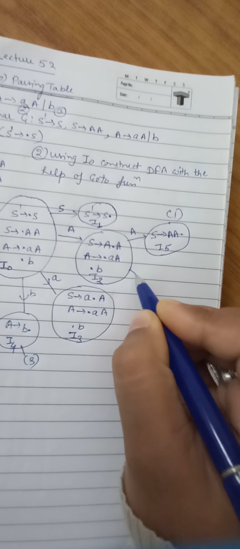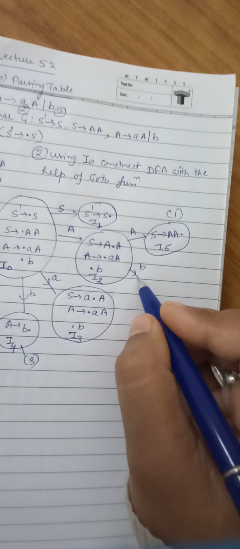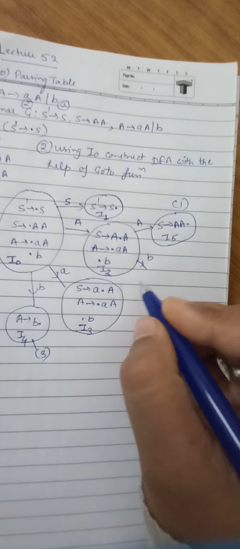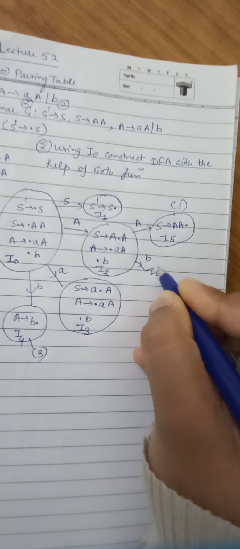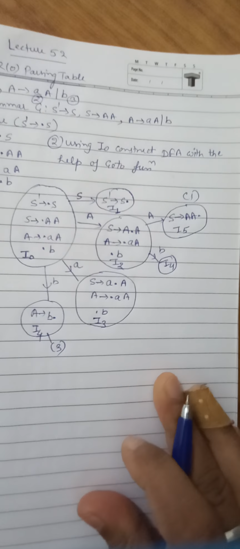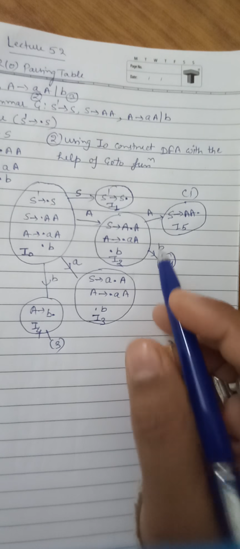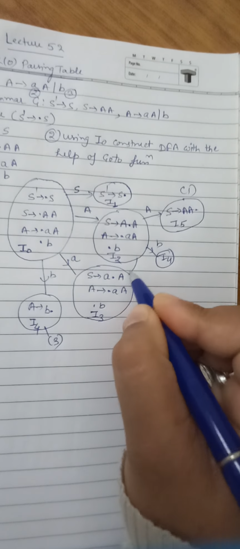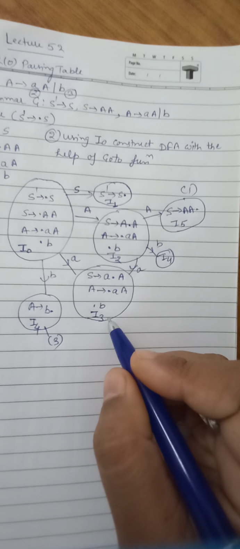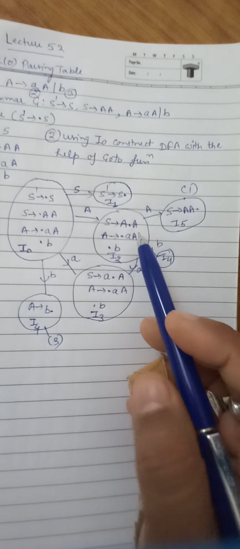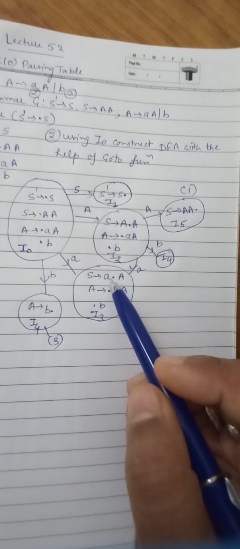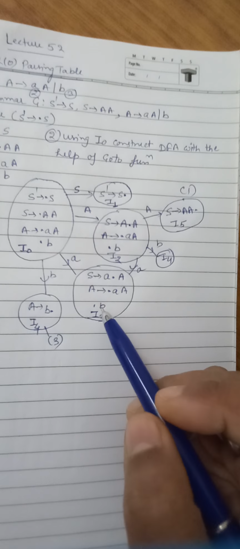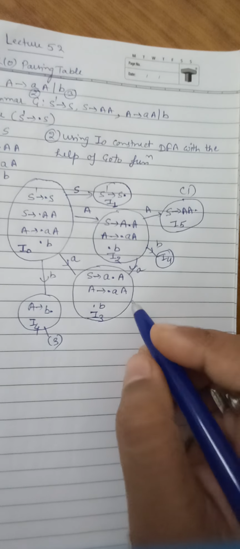For terminal b, we reach the same state, I4, so we write I4 here. And if we go for terminal a, then where will we reach? Here, I3, because we get the same A tends to a dot A, dot aA, dot b. We will reach I3.